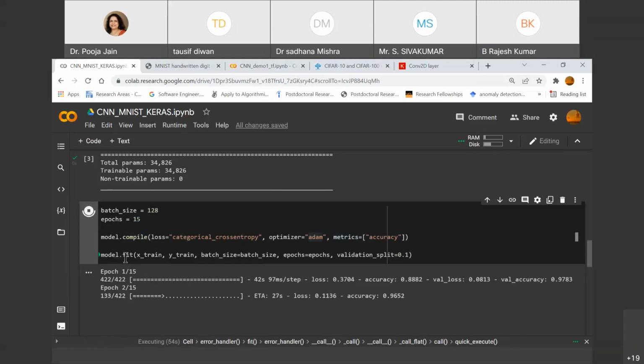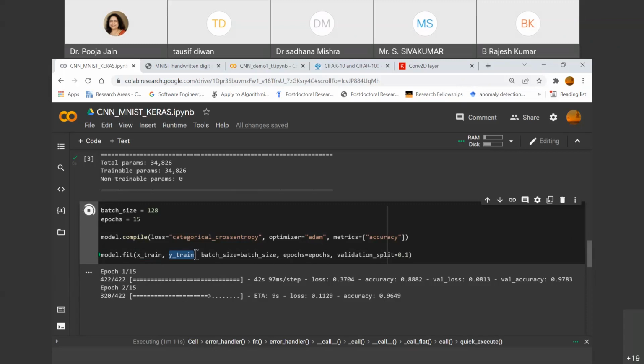After model.compile, we use this model.fit. Model.fit is nothing but the actual model training. Okay, for training the model, which parameters will we be passing? Training set images, this is X train, then the corresponding labels, Y train.